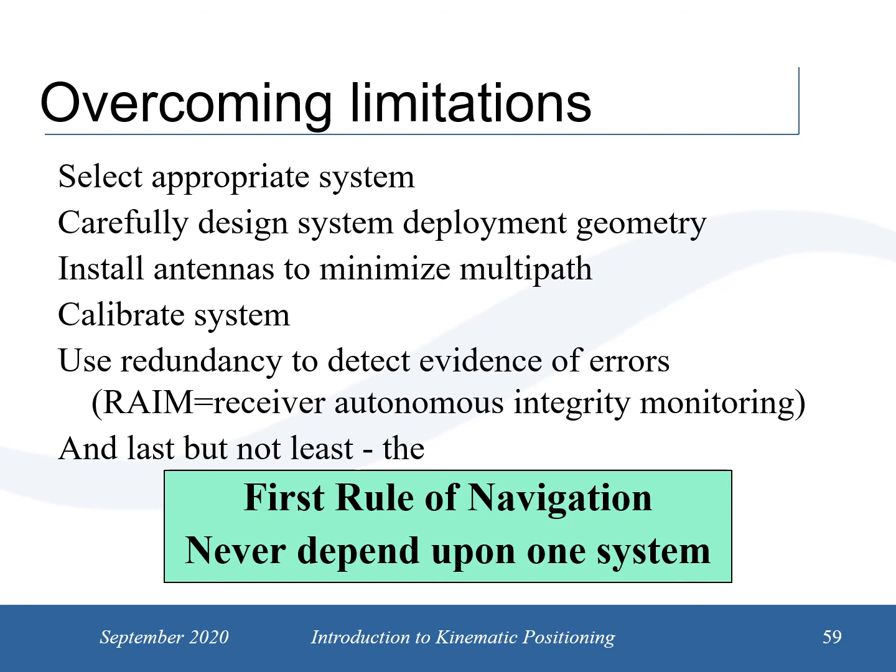We may have redundancy to detect evidence of errors, and one such system is receiver autonomous integrity monitoring. And last but not least, we should follow the first rule of navigation: never depend upon one system. If you have two systems and one breaks, we have another one. If we use only one system and that breaks, we have nothing.